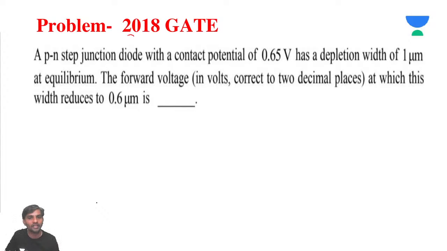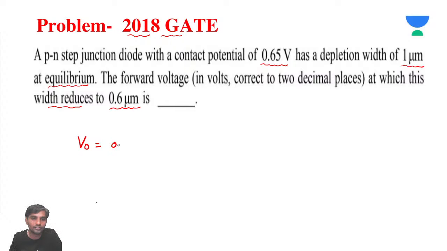This is again 2018 GATE. A PN step junction diode with a contact potential of 0.65 volts has a depletion width of 1 micrometer at equilibrium. The forward voltage at which this width reduces to 0.6 micrometers is. The contact potential is nothing but V naught.